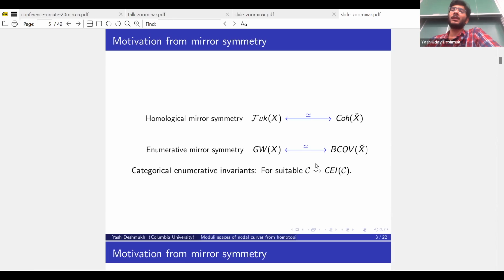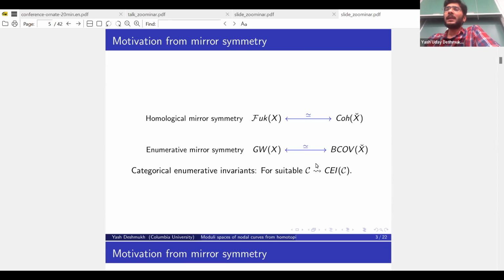So one of the ways he indicated was to formulate something like categorical enumerative invariants. So we start with a category which has suitable properties, like those which arise in mirror symmetry, and then we try to construct a categorical version of Gromov-Witten invariants. So-called categorical enumerative invariants.